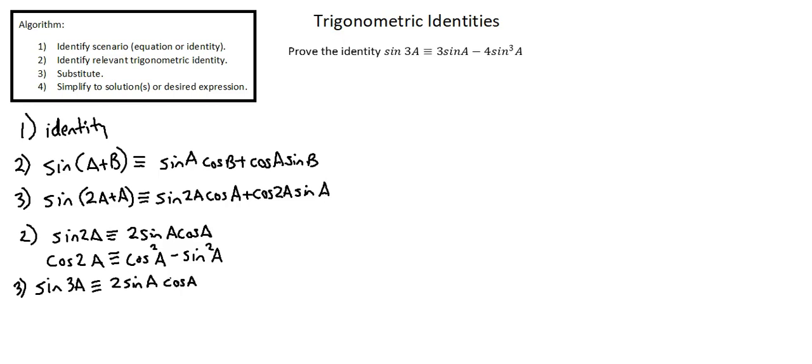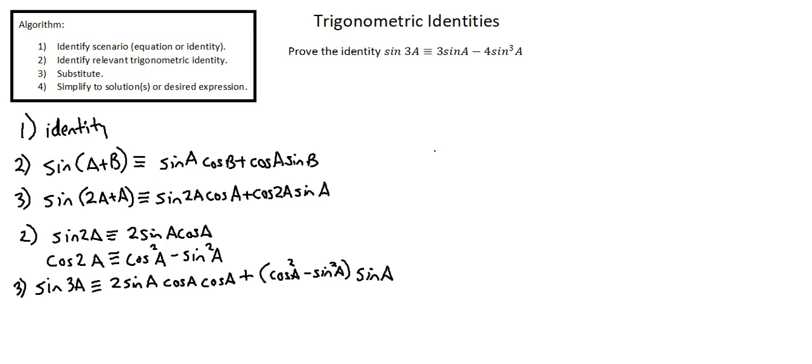That's coming from the double angle identity for sine, times cosine a plus cosine 2a we're going to replace with cosine a squared minus sine a squared, coming from the double angle identity for cosine, times sine a.